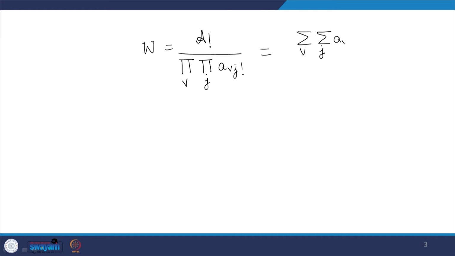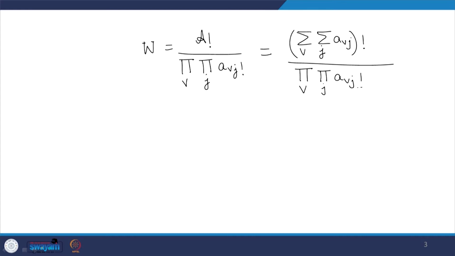So, W is going to be A factorial by product over the volumes, product over the energy levels of the A_VJ factorial. As I have been doing, I can now write the capital A also as sum over V, sum over J of A_VJ, factorial, divided by product over V, product over J, A_VJ factorial.